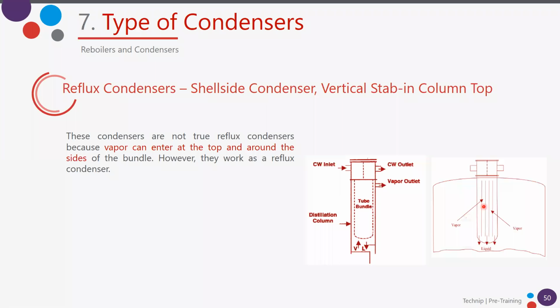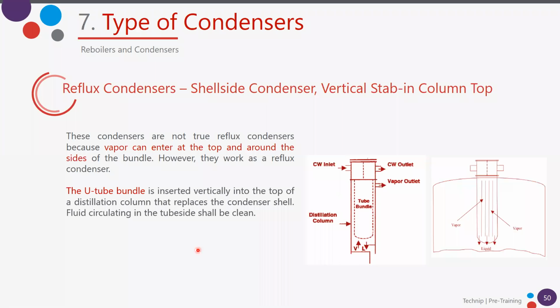However, they work as a reflux condenser. The U-tube bundle is inserted vertically into the top of a distillation column that replaces the condenser shell.